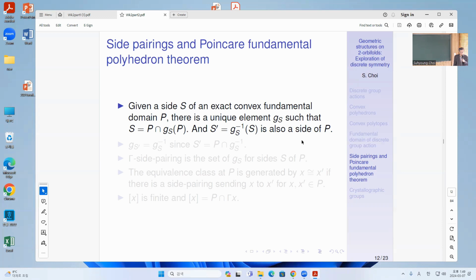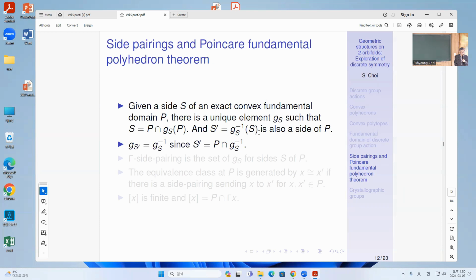Given a side S of an exact convex fundamental polyhedron P, there is a unique element gS so that S is equal to P intersect gS P. So any side is an intersection of two polyhedron images, one being P itself and the other its image. You can write S prime to be the image of S under gS also.